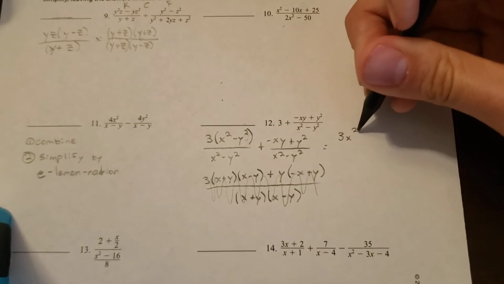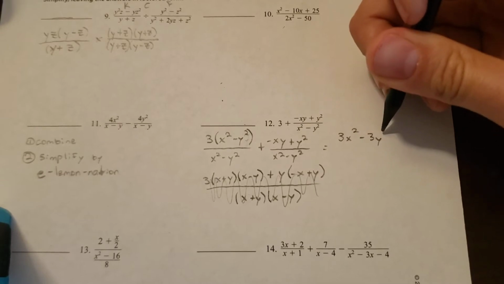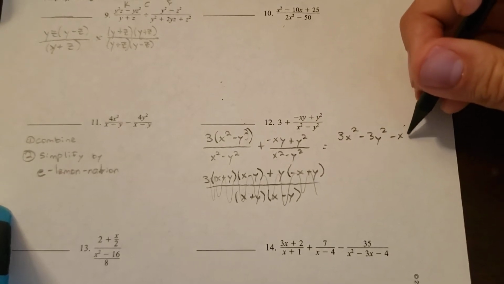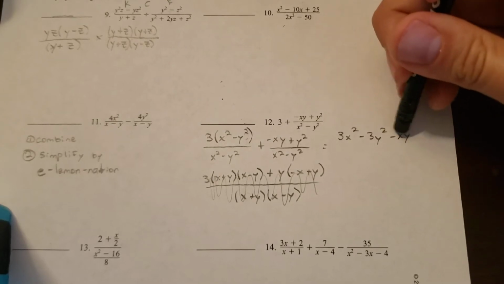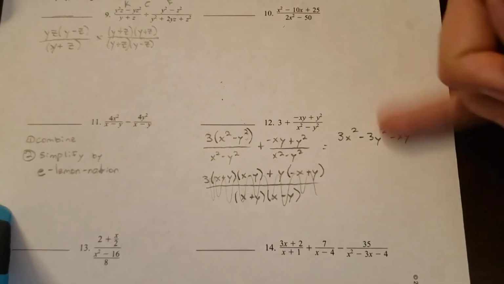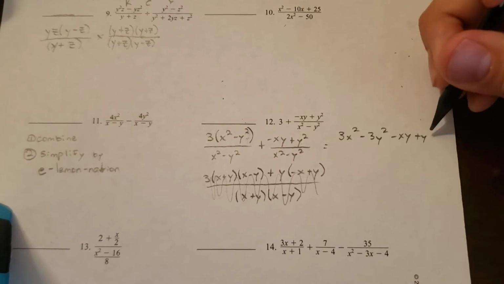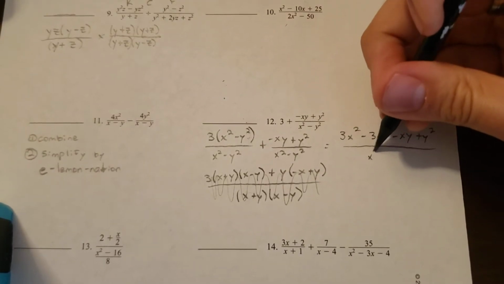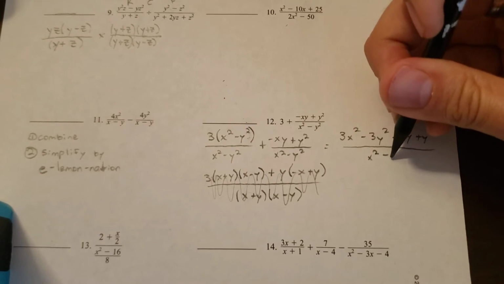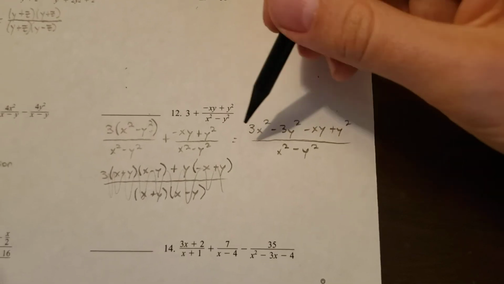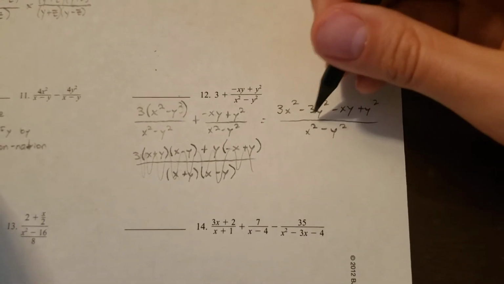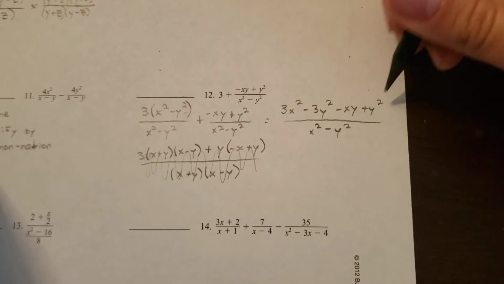3x squared minus 3y squared minus xy plus y squared over x squared minus y squared. So let's see what this does. Now what I can do is combine this and that, I'm sorry, my y squareds.